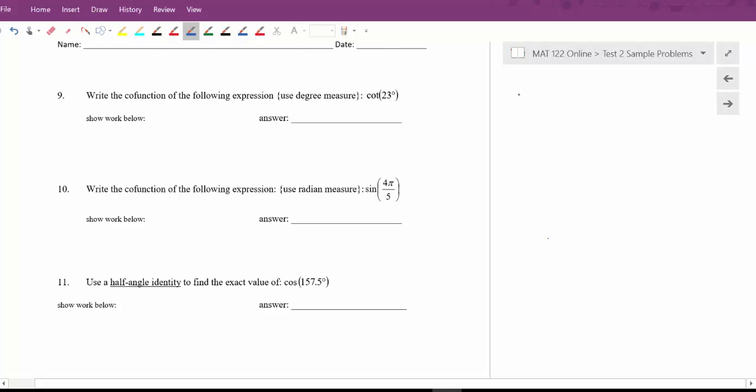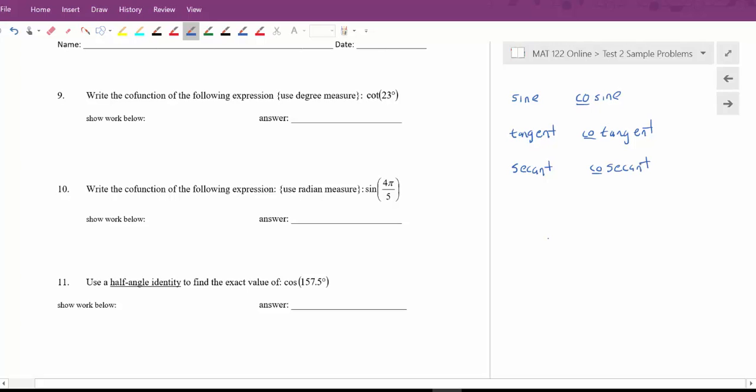It's easy to remember, of course, the sine and the cosine are cofunctions. The tangent and the cotangent are cofunctions. The secant and the cosecant go together, they're cofunctions.